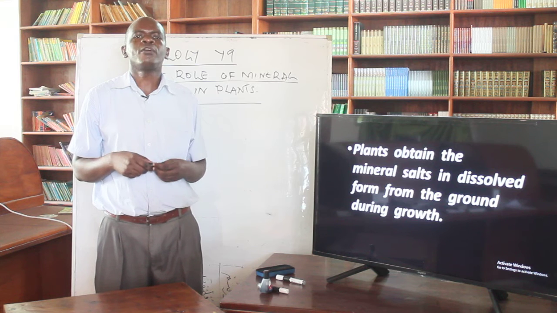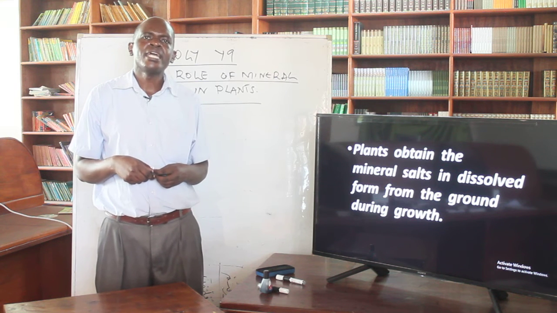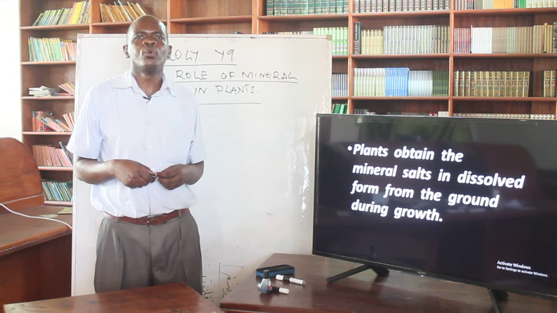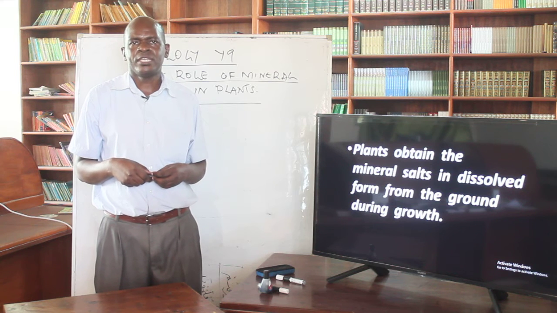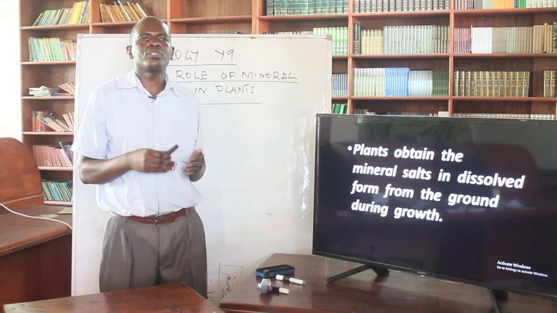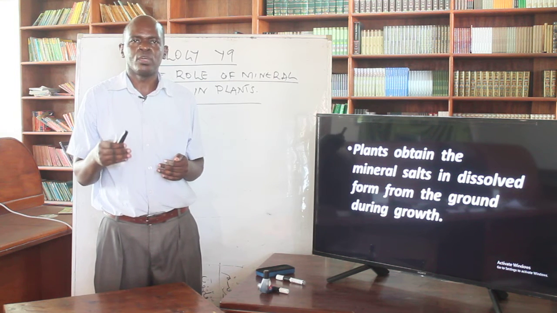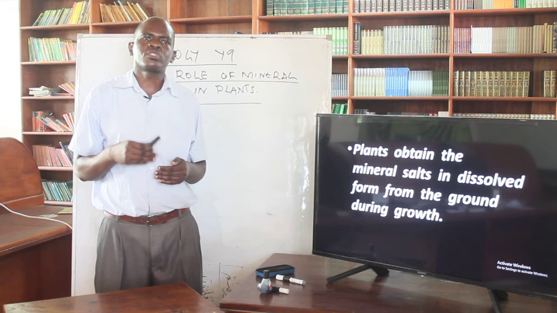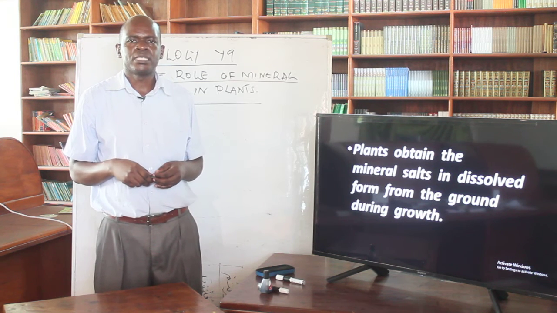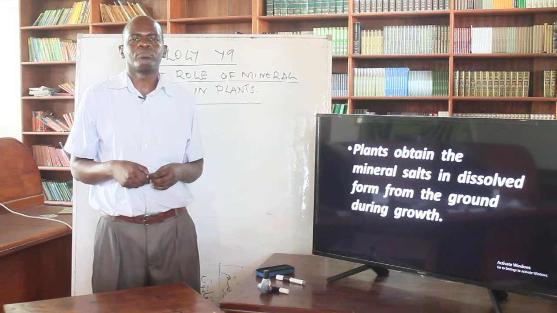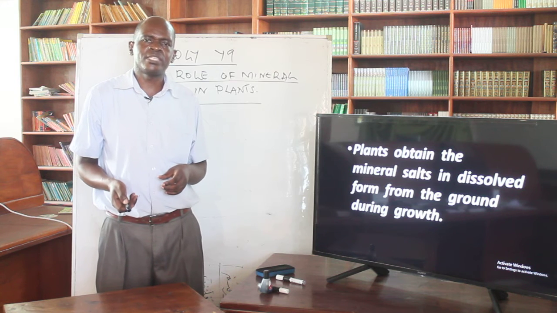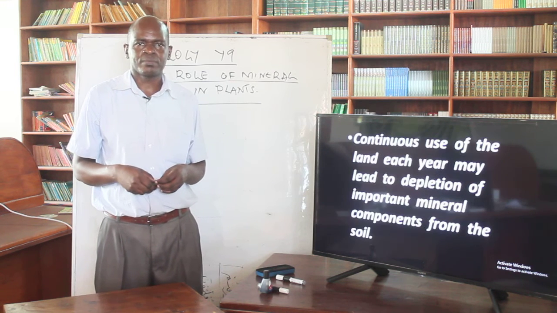That should inform us of the role played by water in this case. That's why you can't talk about the mineral salts without the water, because the mineral salts have to be absorbed in dissolved form when the plants are utilizing them from the ground.